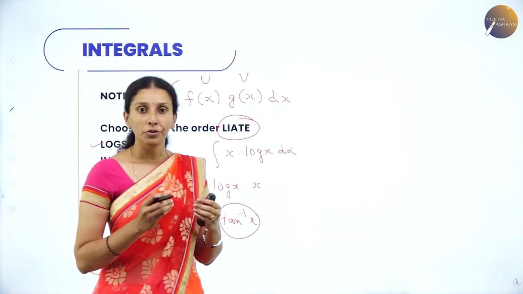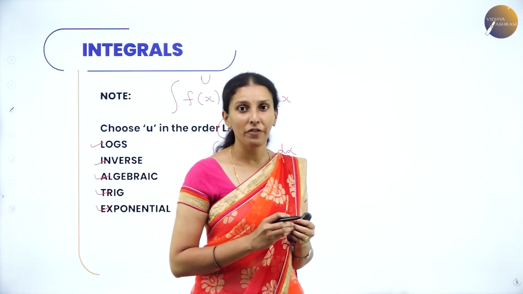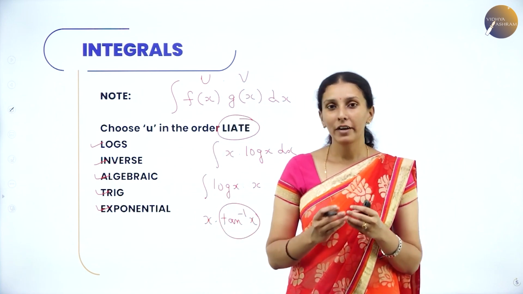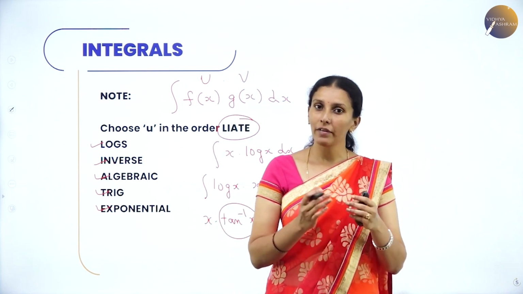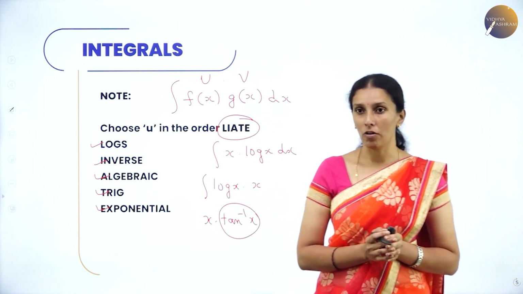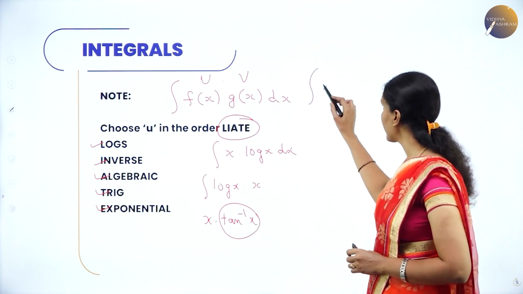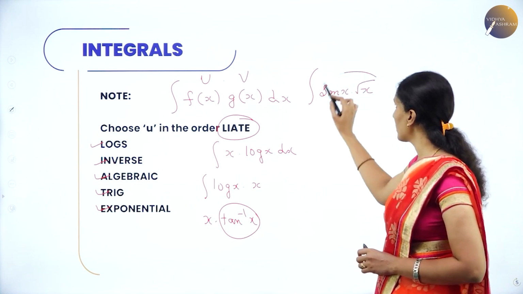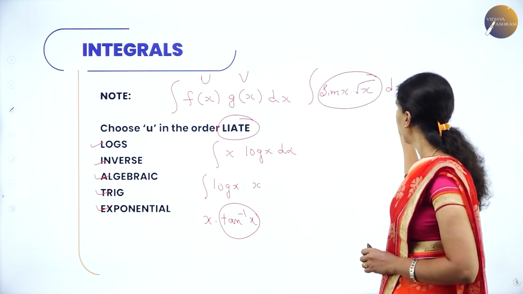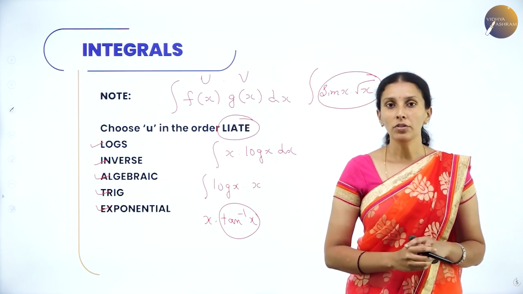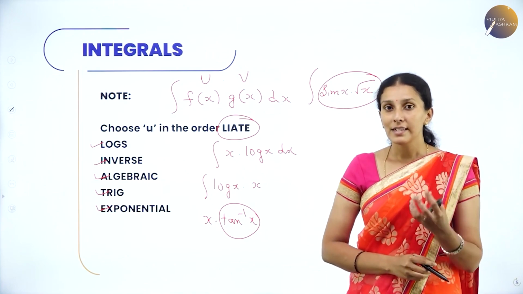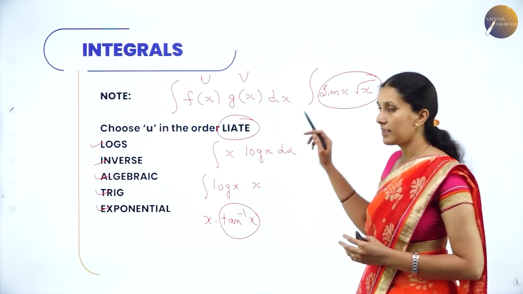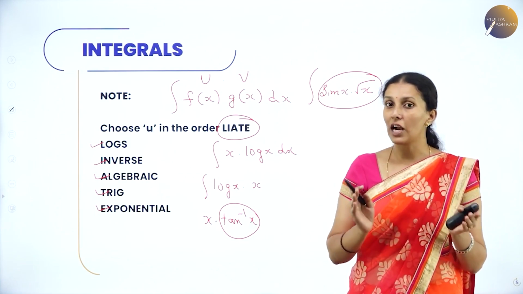You should also know that there are some types of functions whose integral can't be found in closed form. For example, sin x root x. If given to integrate with respect to x, since its integral does not exist in the form of sin x root x, we can't integrate.